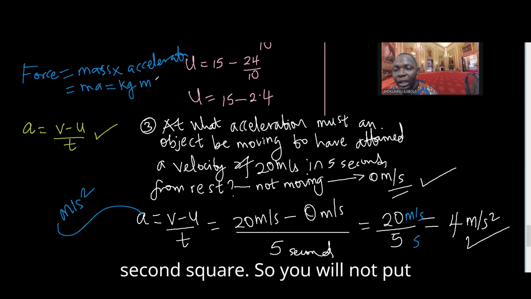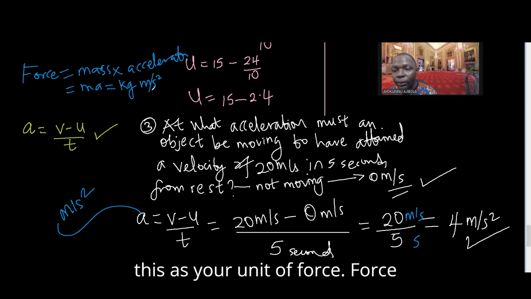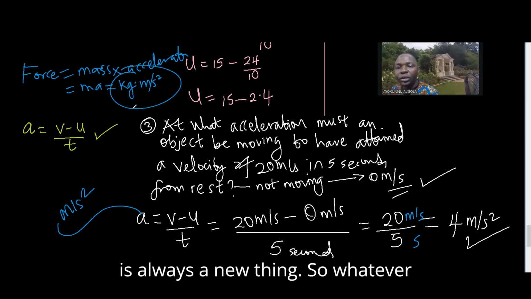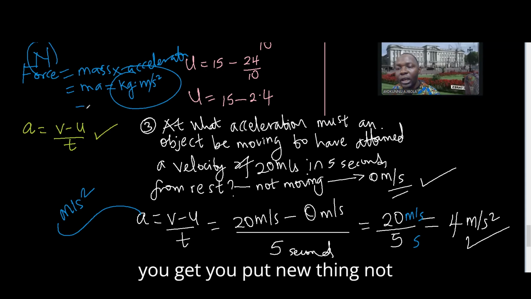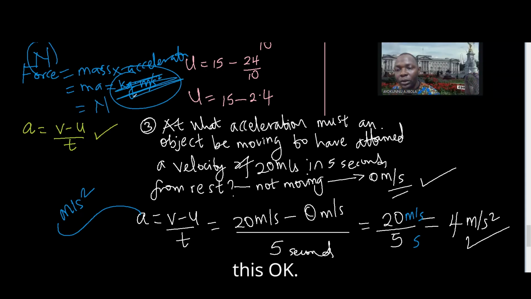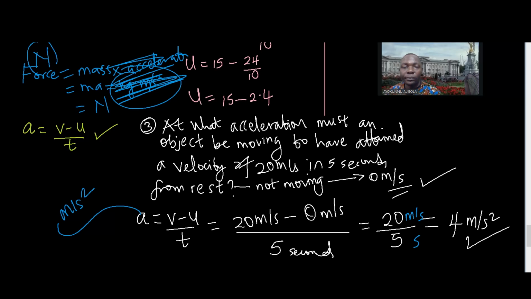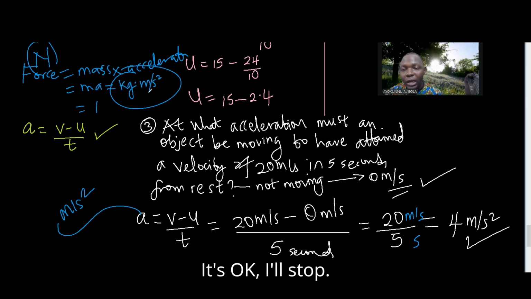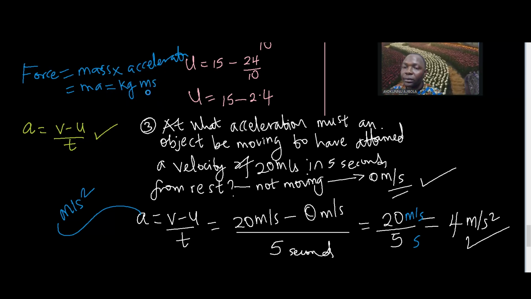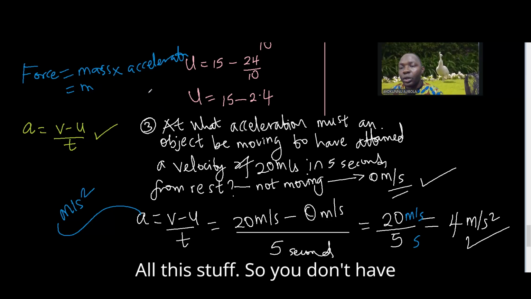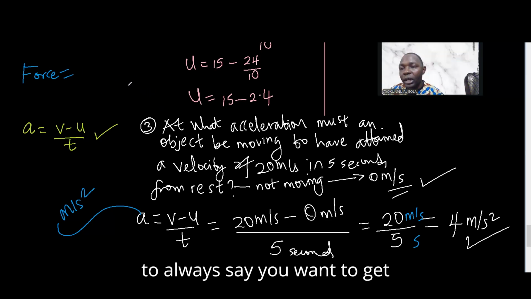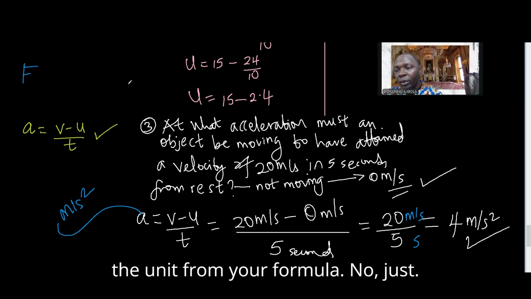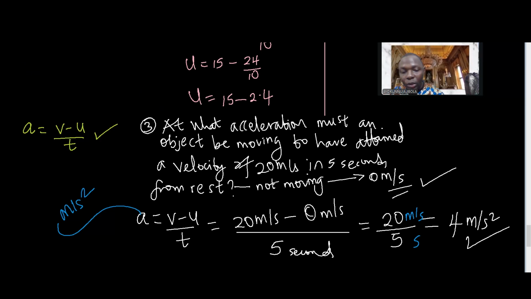Acceleration is in meter per second square. So you will not put this as your unit of force. Force is always in Newton. So whatever you get, you put Newton, not this, okay? Is that clear? So you don't have to always get the unit from your formula. Just know the unit of what you're looking for.